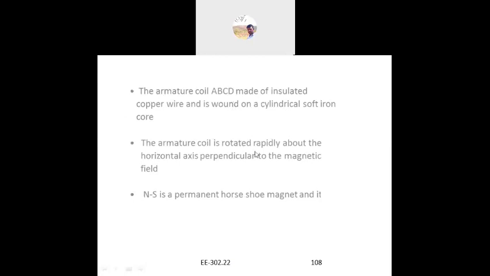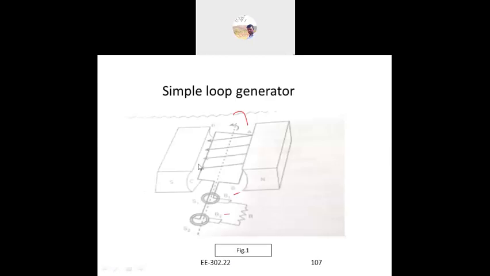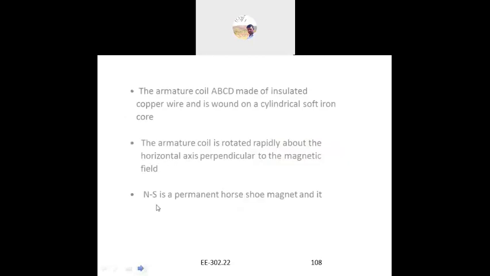The armature coil rotates rapidly about a horizontal axis perpendicular to the field. The permanent magnet, with its north pole and south pole, provides the stationary magnetic field.